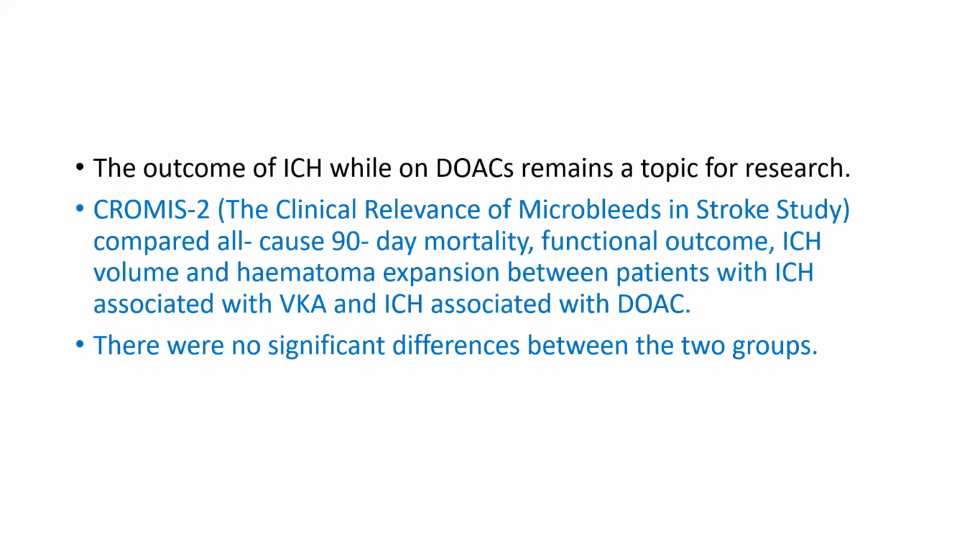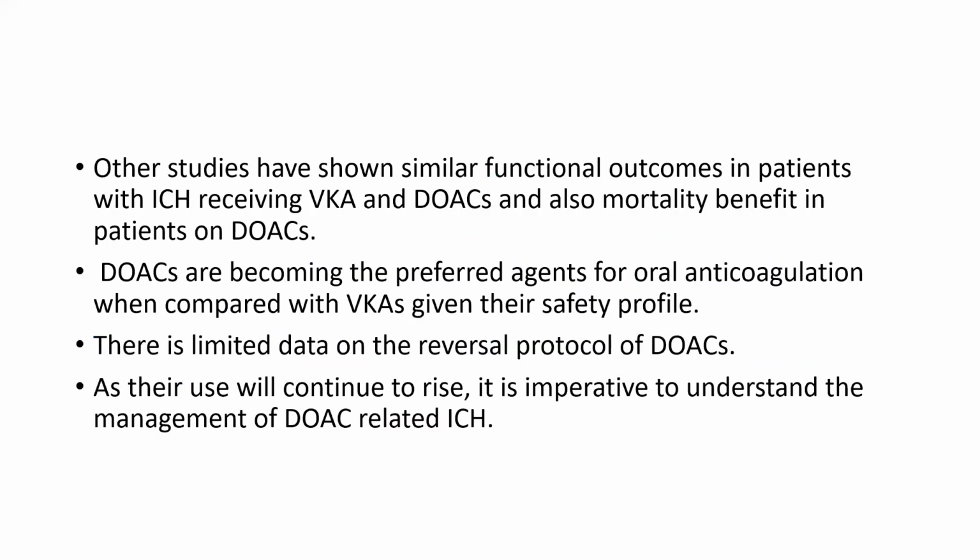The outcome of ICH while on direct oral anticoagulants remains a topic for research. The CHROMIS-2 study compared all-cause 90-day mortality, functional outcome, ICH volume, and hematoma expansion between patients with ICH associated with vitamin K antagonists and ICH associated with direct oral anticoagulants. There were no significant differences between these two.